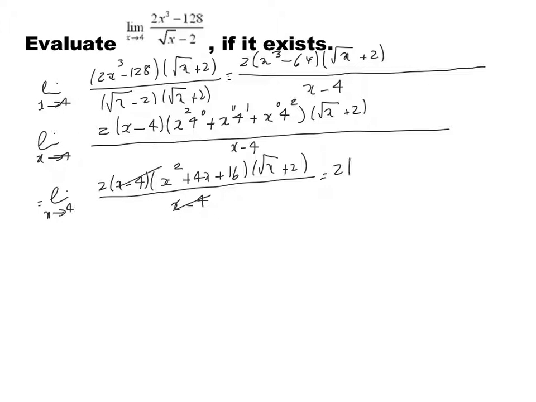We get 2 times 4 squared, which is 16, plus 4 times 4, which is 16, plus 16, times square root of 4, which is 2, so 2 plus 2. This is the same as 2 times 3 times 16, which is 48, times 4, which is 8 times 48, and that is going to be 384.